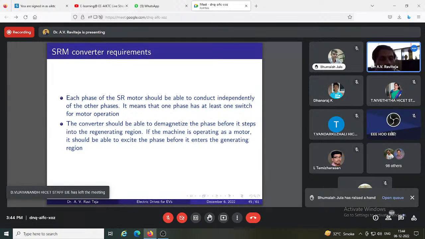So how to choose a converter, and at the same time we have to maintain low cost also, so that we have at least one switch per phase only and not more than that.